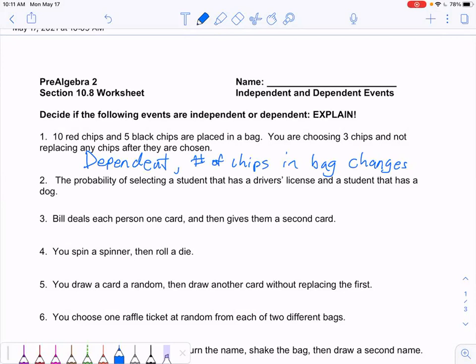Are these going to be dependent or independent? I give you a card and not card. Yeah, so it's going to be dependent, number of cards, deck.